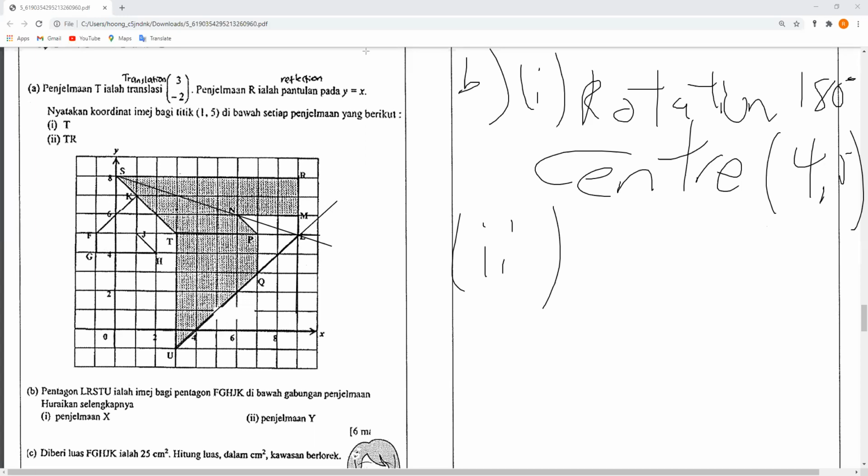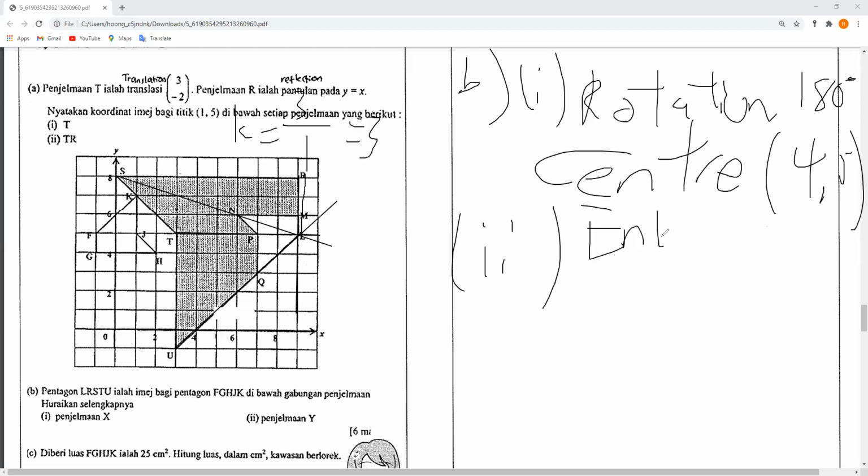So what is the scale factor, K? We use this line to this line. You can see the length of the image is 3 units, and the length of the object is 1 unit only. So the scale factor is 3.